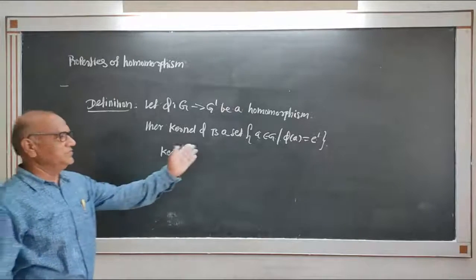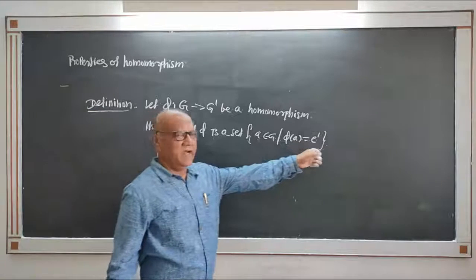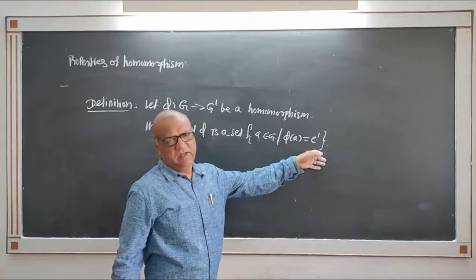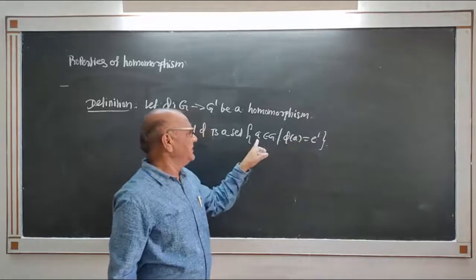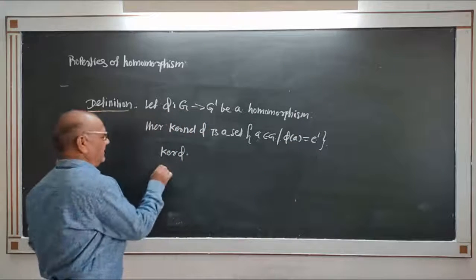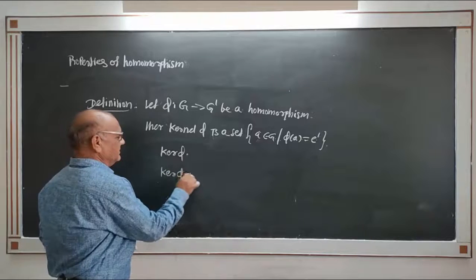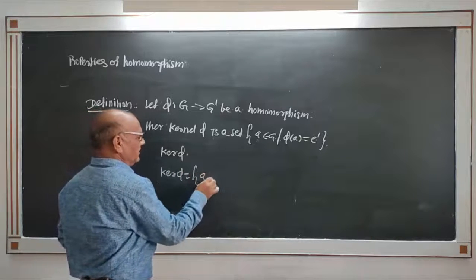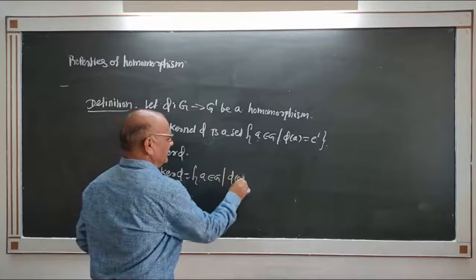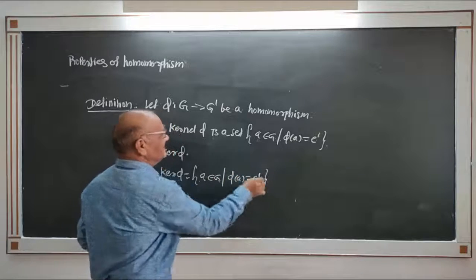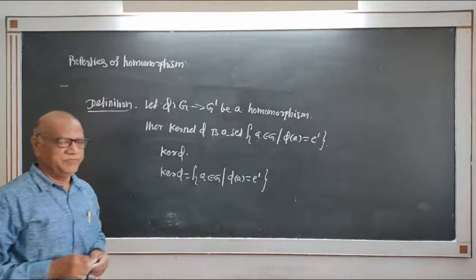All those elements whose images are the identity in G'. That means kernel phi is equal to the set of a belonging to G such that phi of a is equal to e', where e' is the identity in G'.